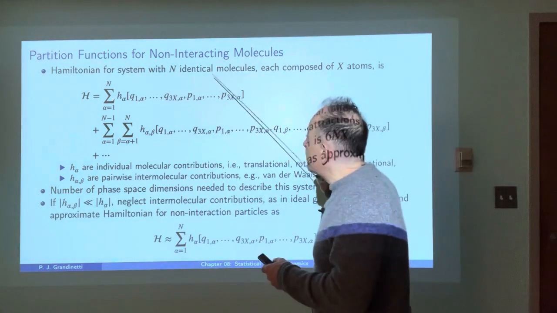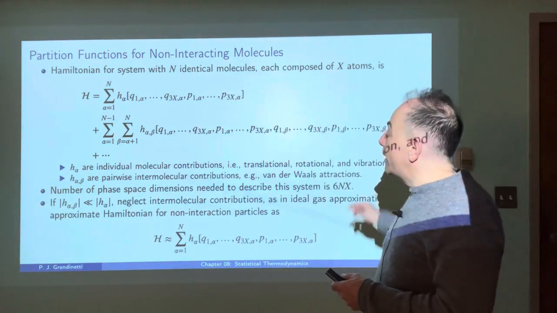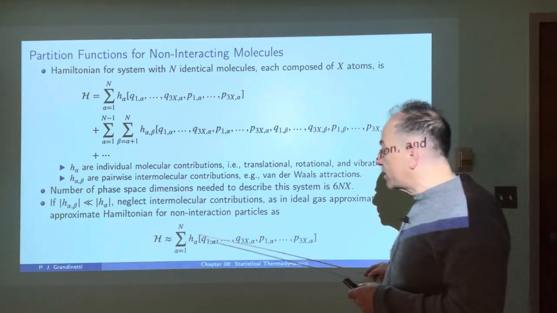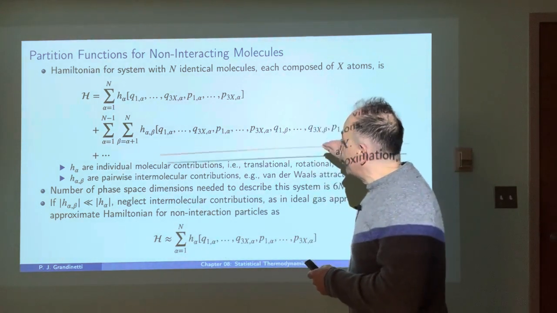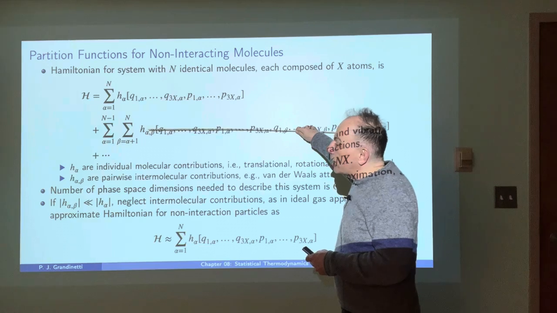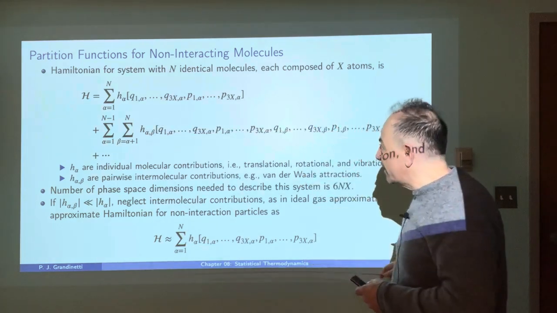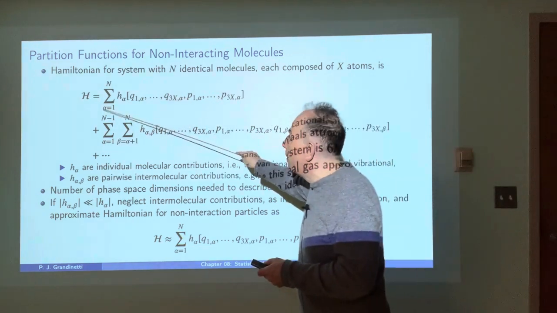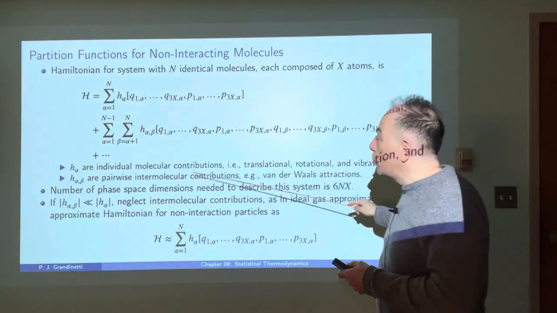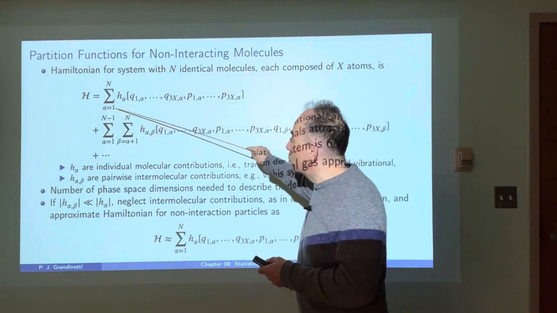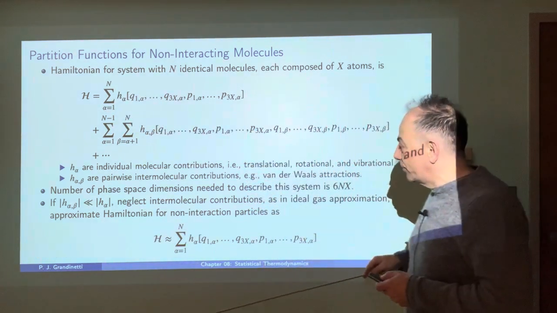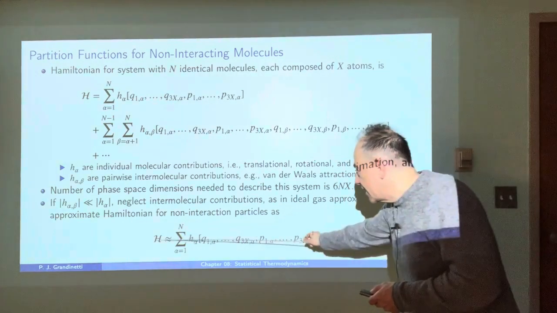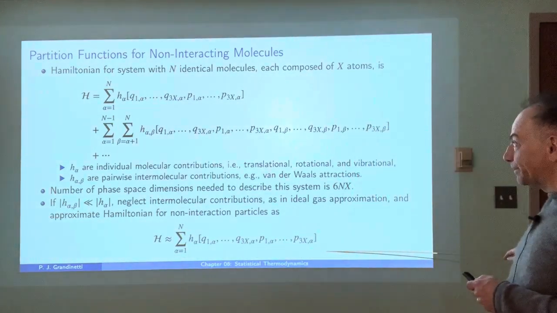And in this picture where we have non-interacting molecules, this ideal gas approximation, we can assume that these molecule-molecule interactions can be neglected. So in that case, we can include just this term here, which is just a sum of all the individual molecular contributions where alpha equals 1 to the number of molecules. Okay, and that is this expression down here.